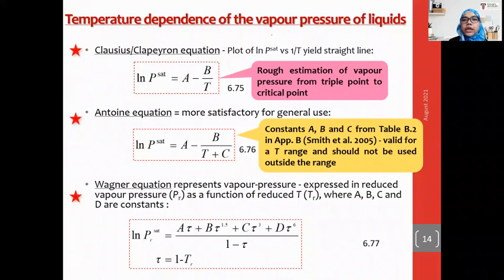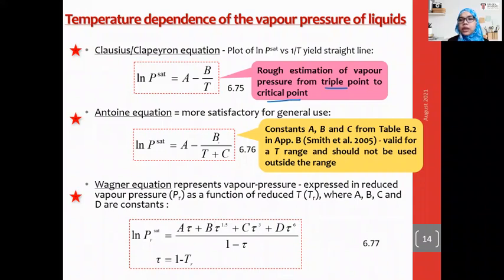Okay, in summary, for the Clausius-Clapeyron equation, plotting ln saturation pressure versus 1 over T yields a straight line. Then this is the Ross estimation for vapor pressure from the triple point to the critical point, so the temperature range is valid from the triple point to the critical point only. This equation is known as the Antoine equation, which is more satisfactory for general use.